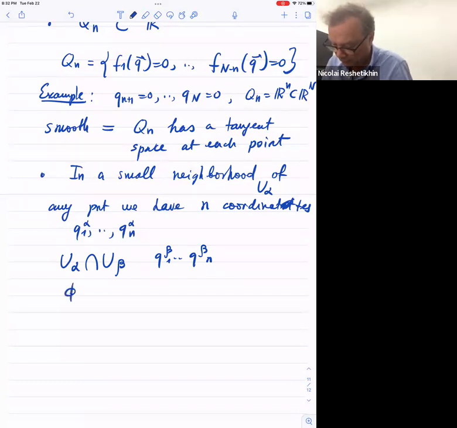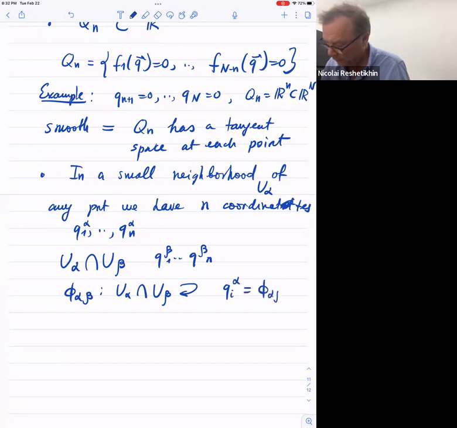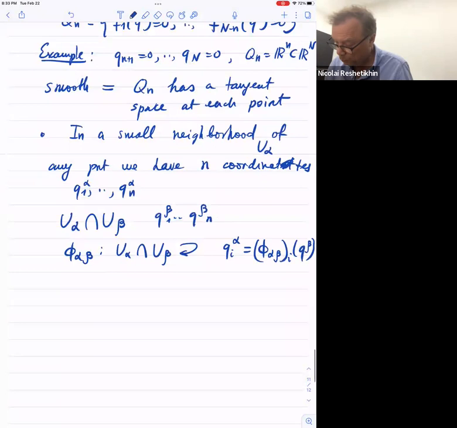We assume that there are smooth maps phi alpha beta that do the change of coordinates, so that q^i alpha is equal to phi alpha beta i of q beta. And this is a smooth function. Smooth means infinitely many times differentiable.